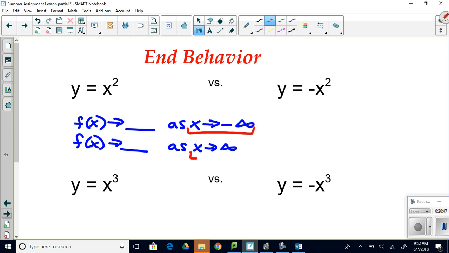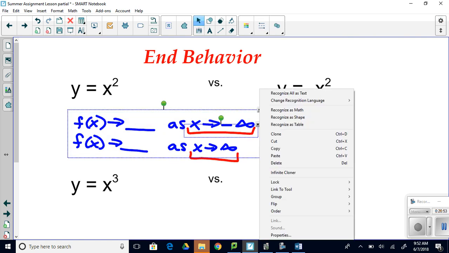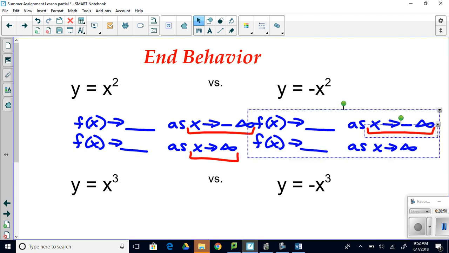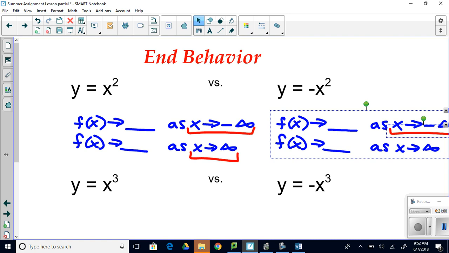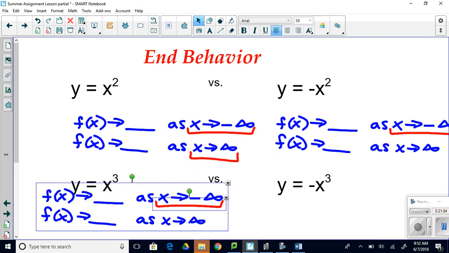And then the second statement says what's happening as x goes in the positive direction. So for every single one of these, when we have to do end behavior, we're going to just write this statement and fill in the blanks.